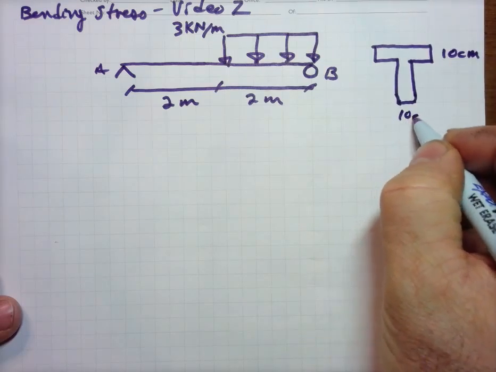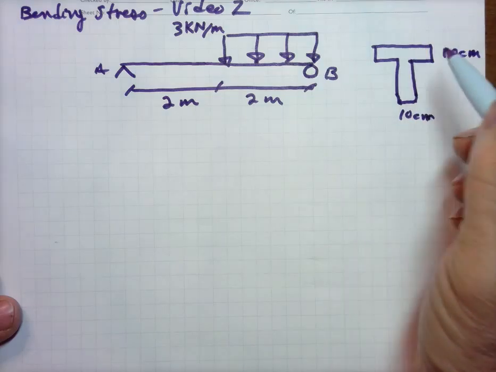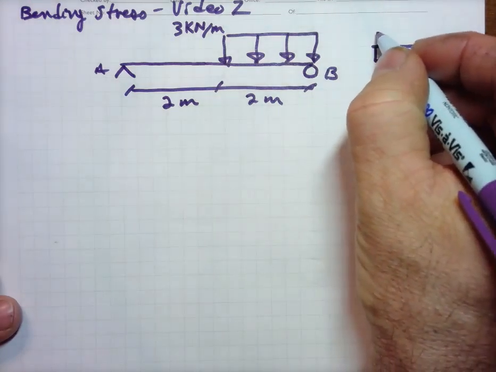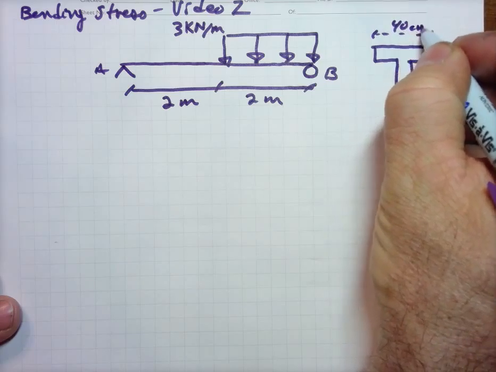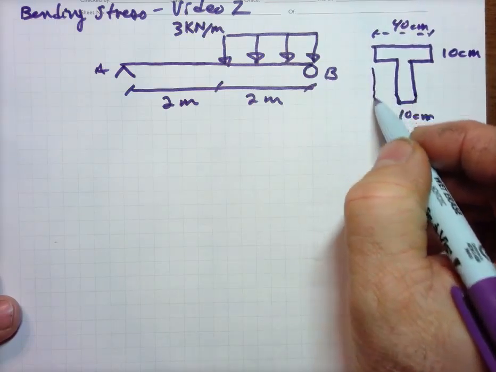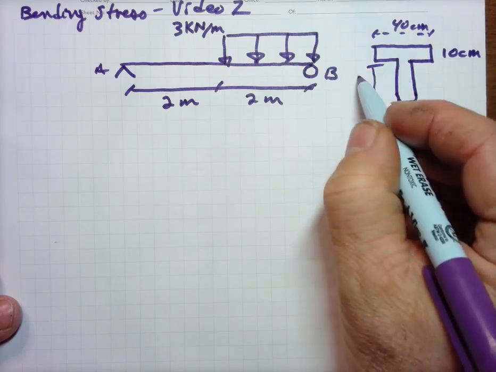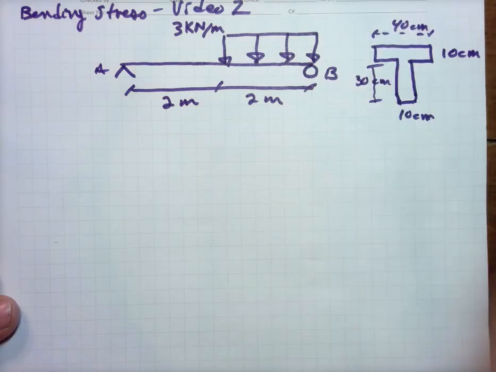Then this dimension is 40 centimeters, and this dimension is 30 centimeters. So 10, 10, 30, 40. And I want to find the maximum bending stress in this beam.